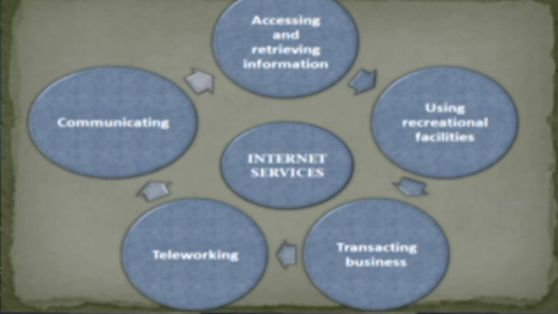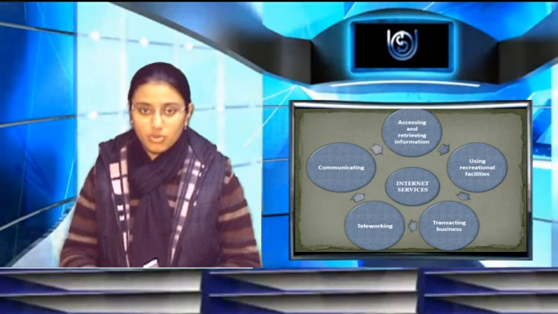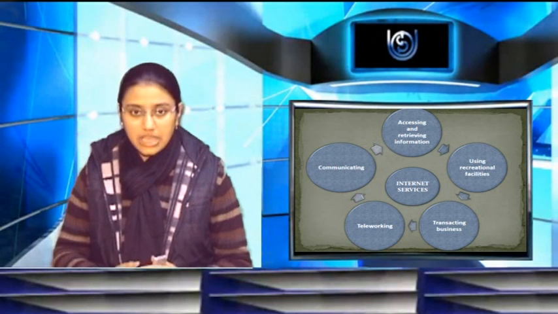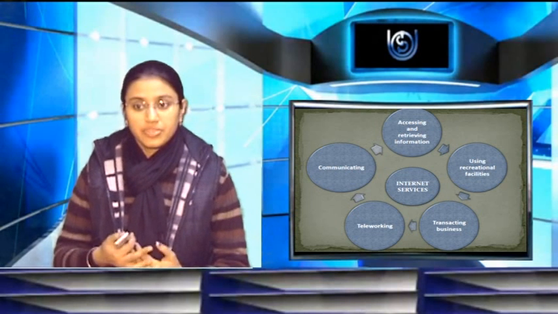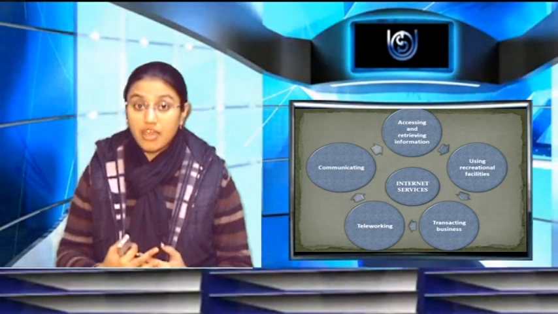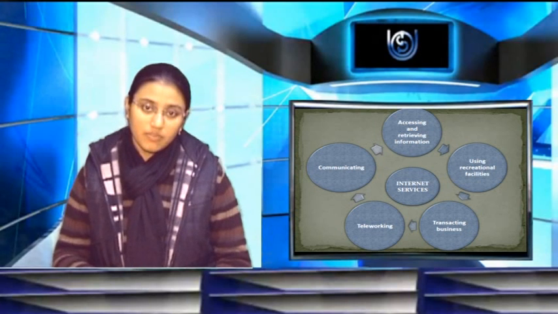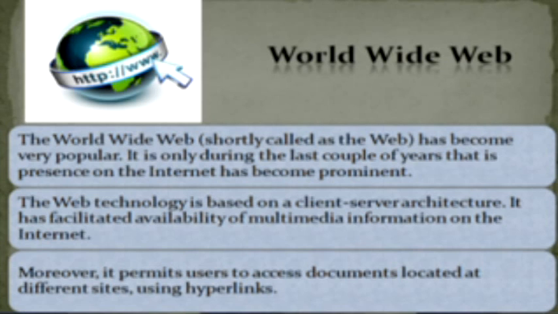The very first is accessing and retrieving information, and at the same time assessing it or getting a benefit from that particular information. Another is using recreation facilities, which come in different kinds. Then transacting business, having transactions. Teleworking is also there, and communicating. So these are all services which can be provided by the internet.